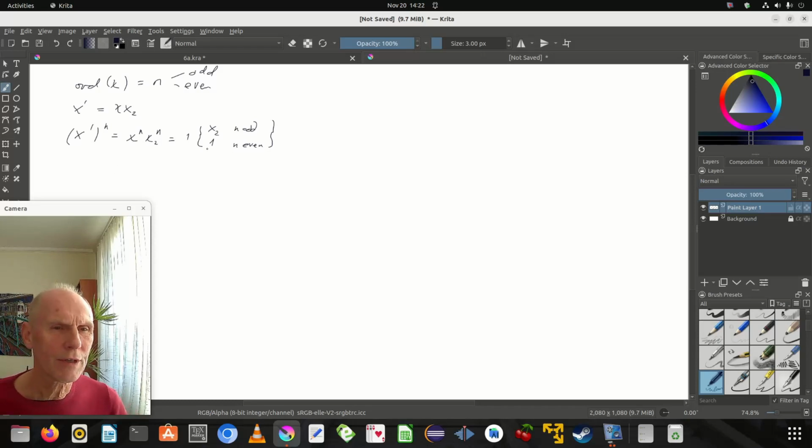So that means that in the case n is even, the order of chi mark is smaller than or equal to n. So could it be that some lower power gave unity? Goes to the nth.